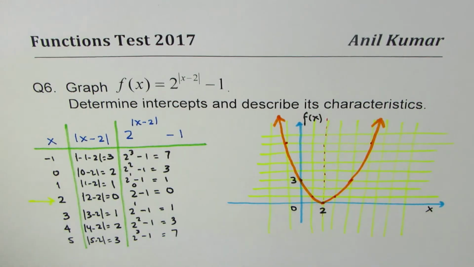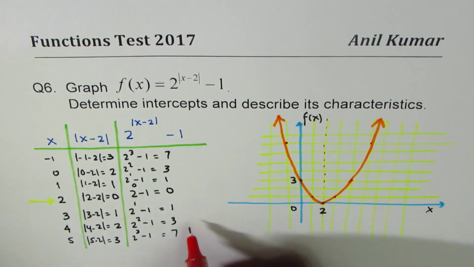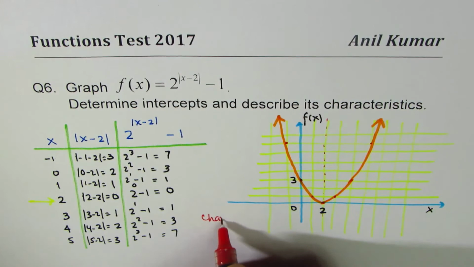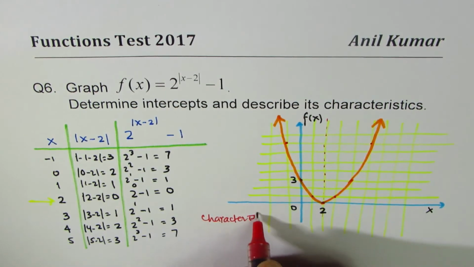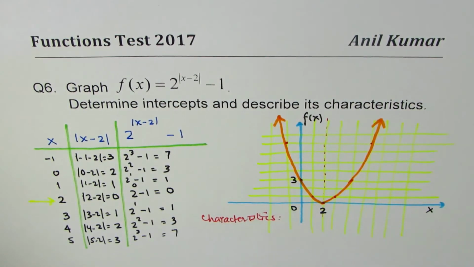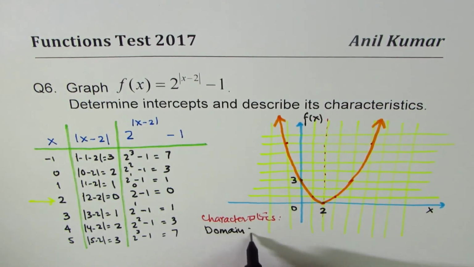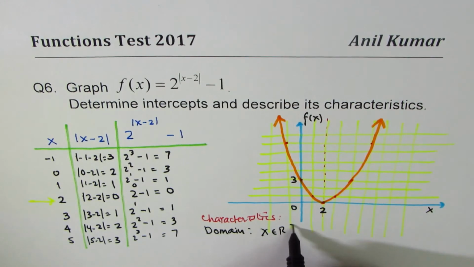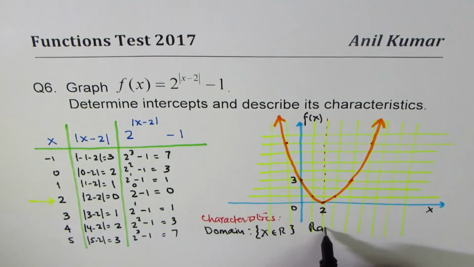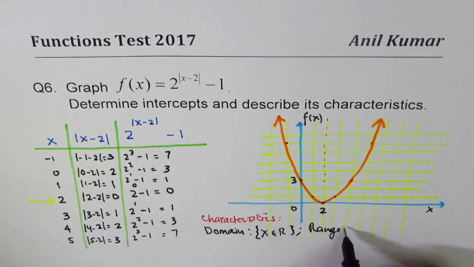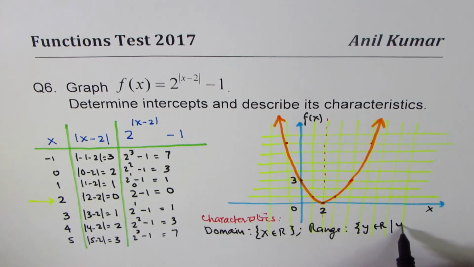Now from here, what characteristics can you write? Well, we can say domain. So let's write down the characteristics now. First thing you need to write is domain and range. x belongs to real numbers. Range is y belongs to real numbers, where y is greater than or equal to 0, as you can see.